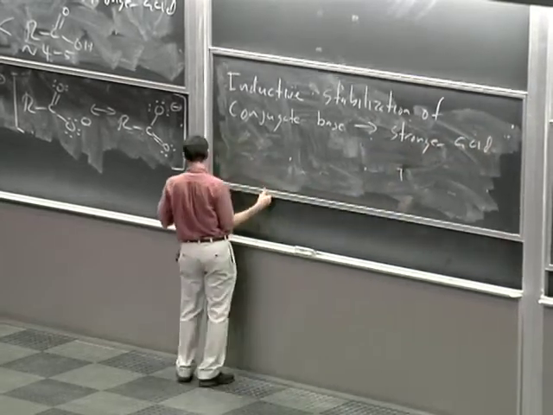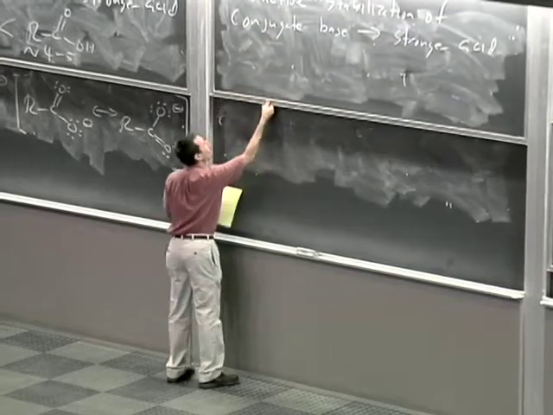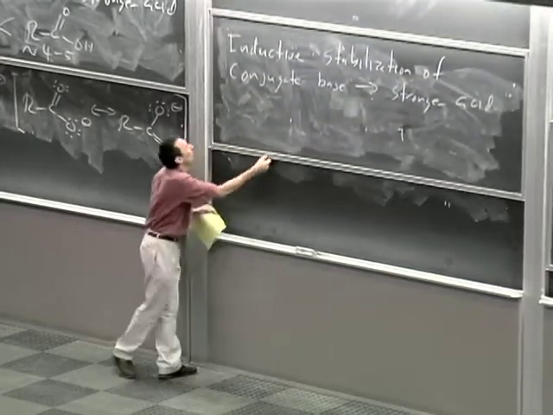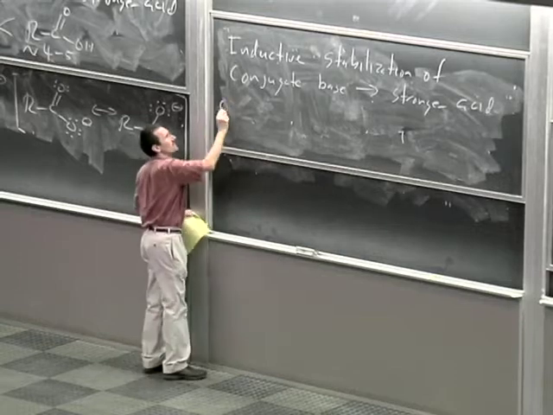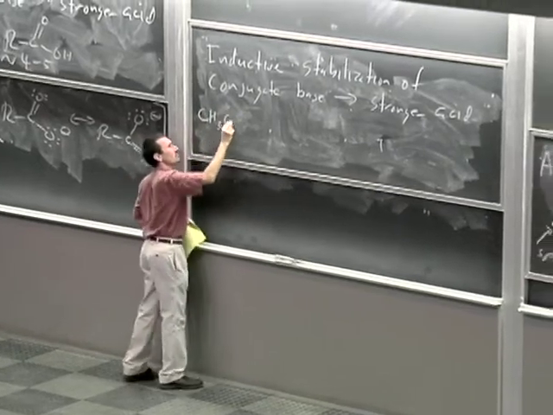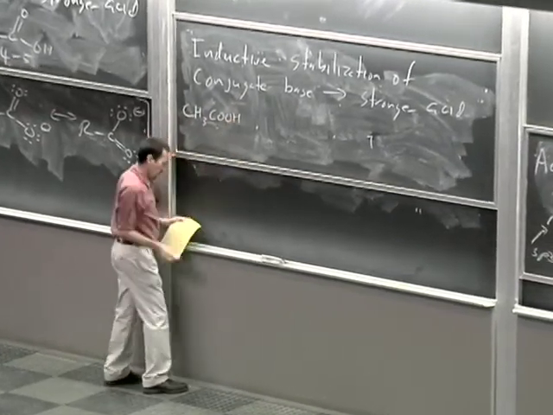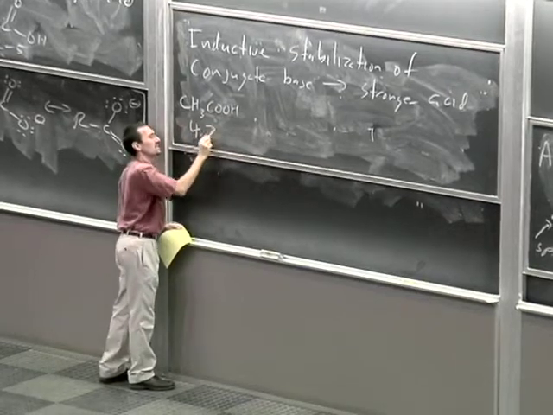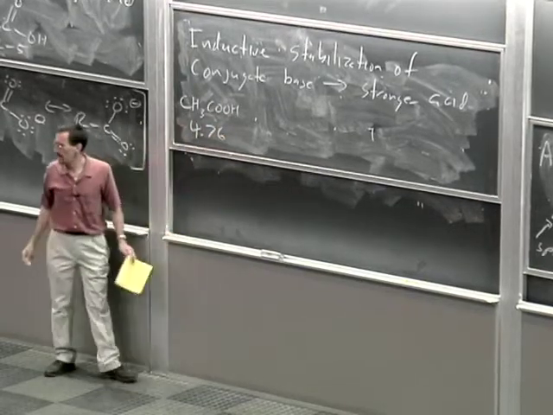Take as an example 4 compounds. Acetic acid, CH3COOH is 4.76 for its pKa.